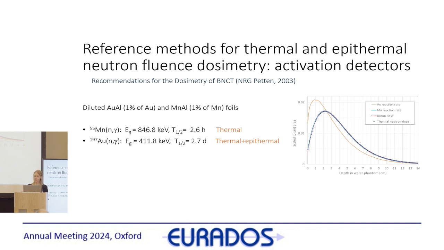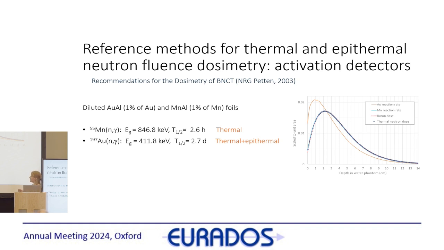We like to use gold and manganese diluted foils. They are very thin and invisible to neutrons. Manganese foils measure thermal neutrons only, and gold also epithermal neutrons. So you can verify both parts of the neutron spectrum with these foils.